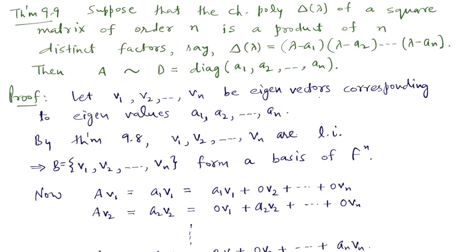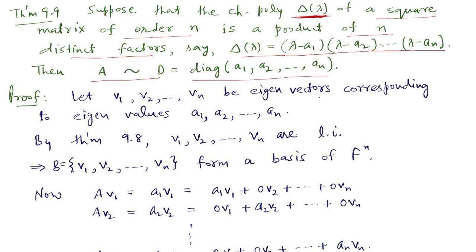Next result says that if the characteristic polynomial delta lambda of a square matrix A of order n is a product of n distinct factors. Remember, delta lambda is a polynomial of degree n. So if this polynomial has distinct factors lambda minus a1, lambda minus a2, up to lambda minus an, then A is similar to the diagonal matrix with entries a1, a2, ..., an.